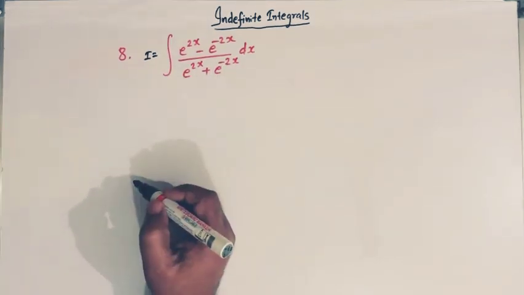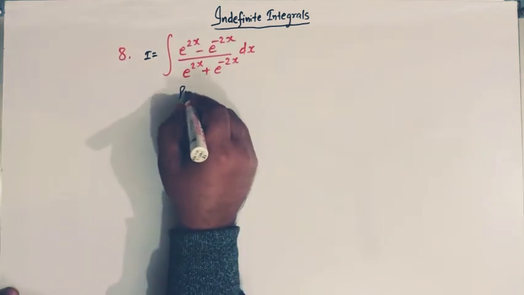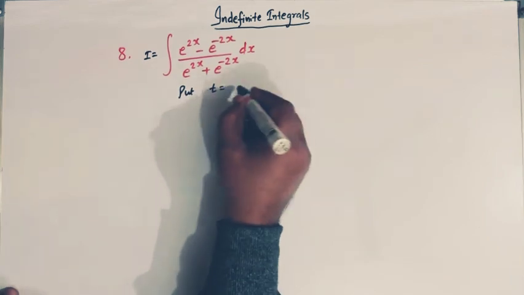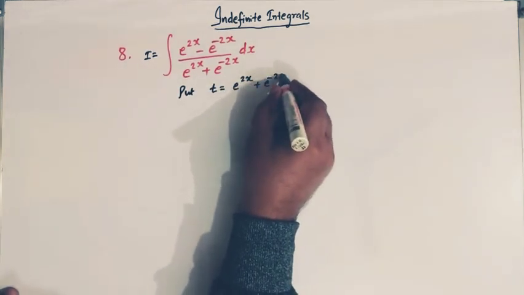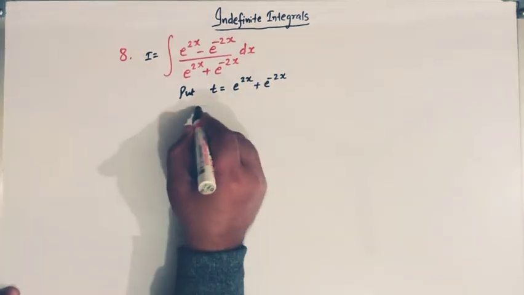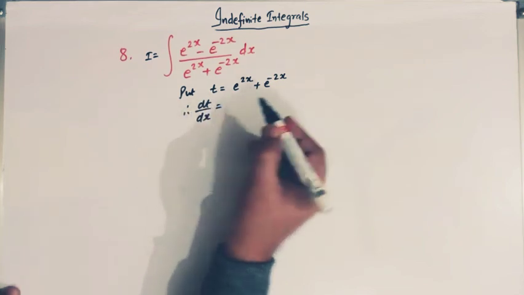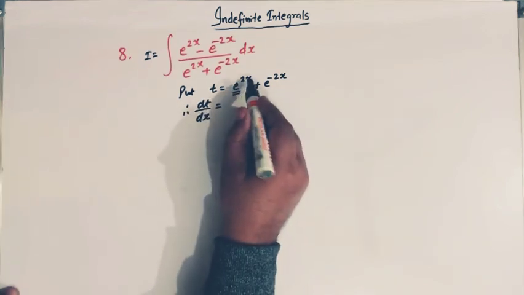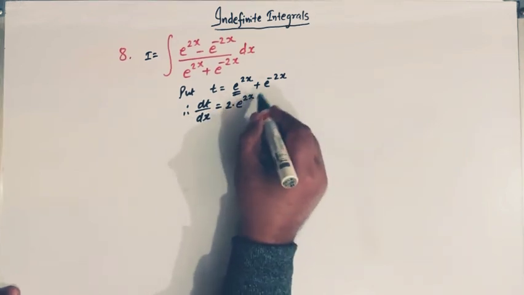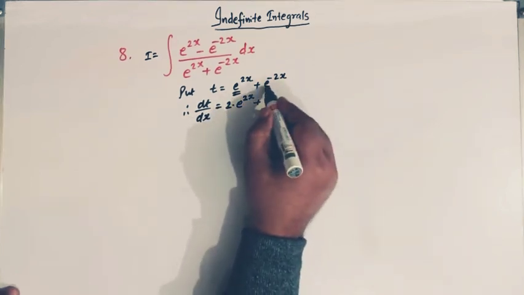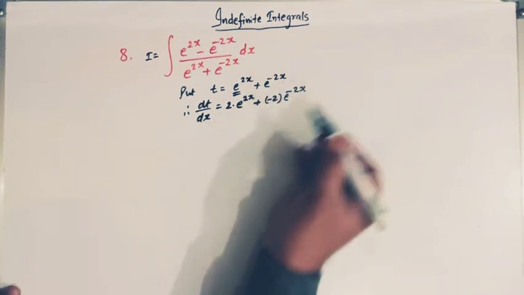Here also we'll make use of the substitution method, and let us substitute t = e^(2x) + e^(-2x). So dt over dx is equal to the derivative of e^(2x), which is 2e^(2x), and the derivative of e^(-2x), which is -2e^(-2x).